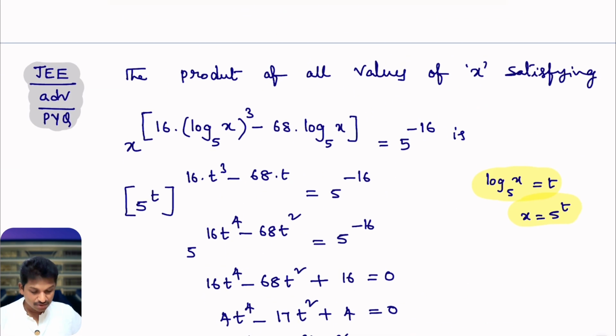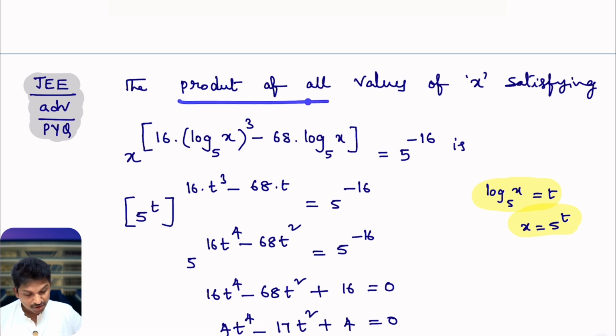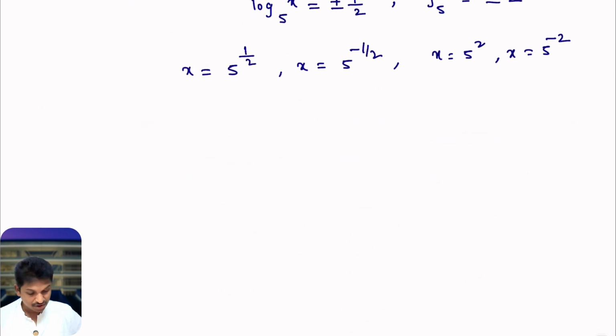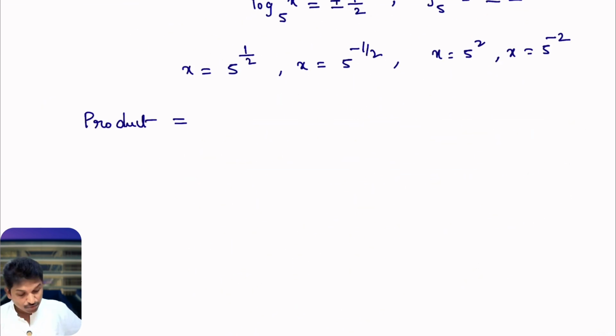So in the question what they are asking, product of all values of x, right? Product is 5 power 1 by 2 into 5 power minus 1 by 2 into 5 square into 5 power minus 2.